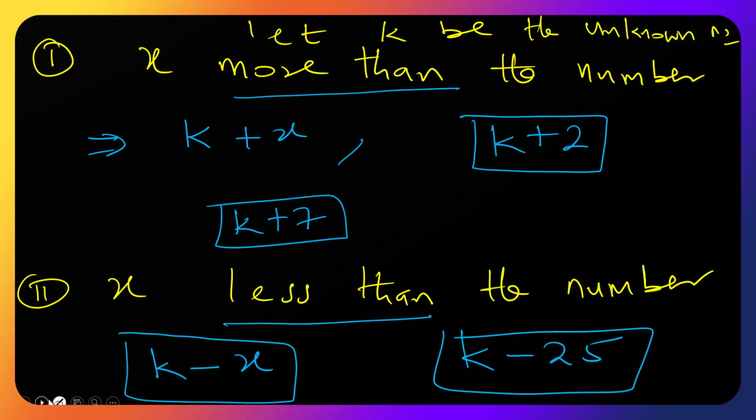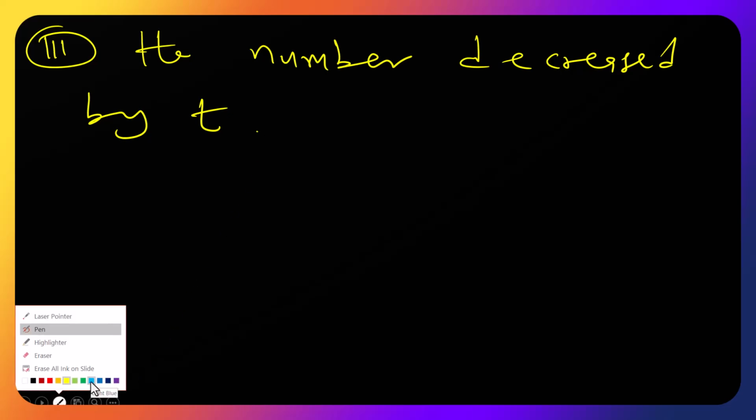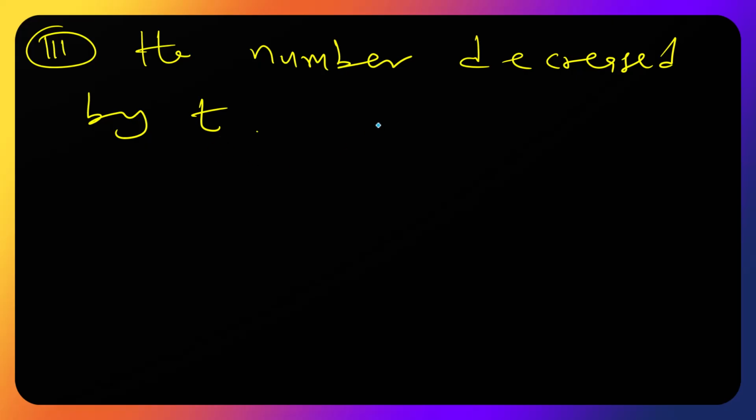So it is in the same line. So the number decreased by t means it's down by that, and therefore it will be k minus t. At times they can say diminished by. When they say diminished by t, it's the same as this.